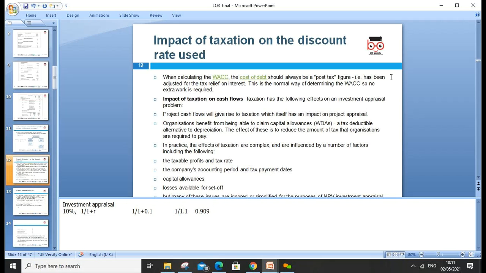You can say 91 pence. If you divide again by 1.1, whatever the answer is on your calculator, year 2 will be 0.826. And so on, you carry on.